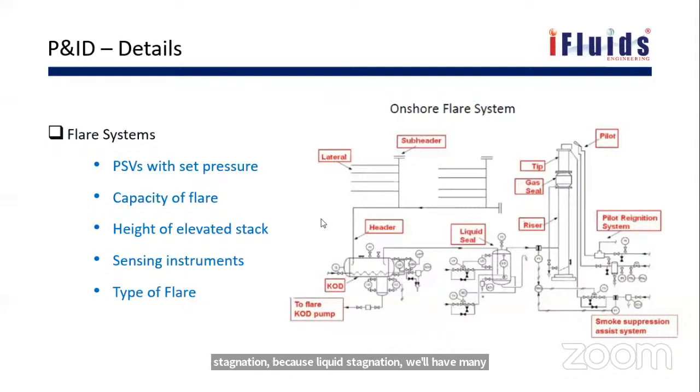A few include issues like corrosion. If there is a stagnant liquid, it may corrode the pipeline. So to avoid that, we'll slope the pipeline in such a way that whenever liquid is formed or comes in the line, it will be easily drained towards the next equipment. So it should be clearly mentioned.